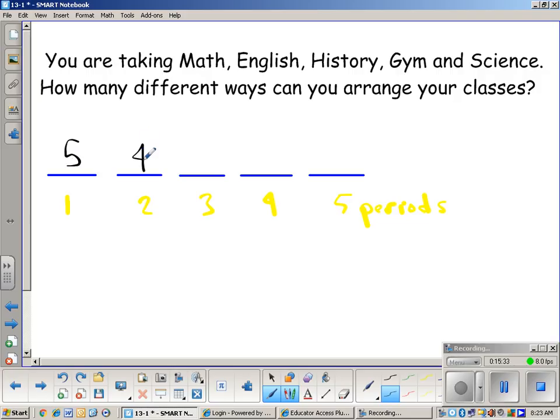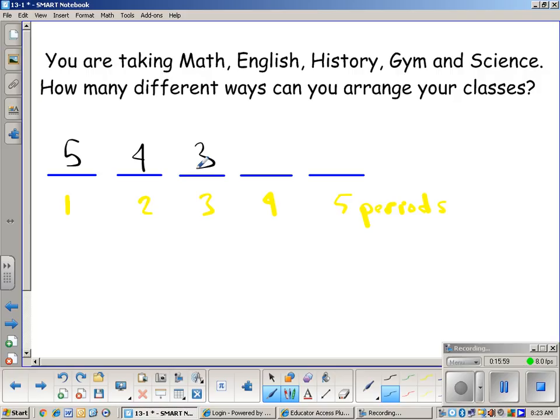And what did you choose second period? What do you have second period? Science. So she has science class. So how many does she have left for her third period class? 3. And what did you choose third period? Choose a different one. History, okay.